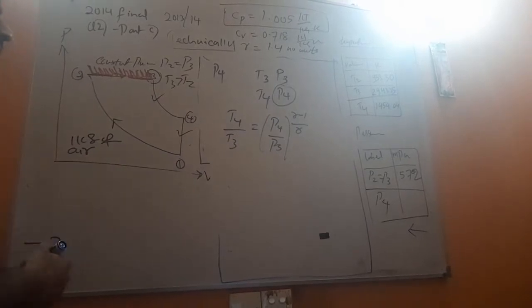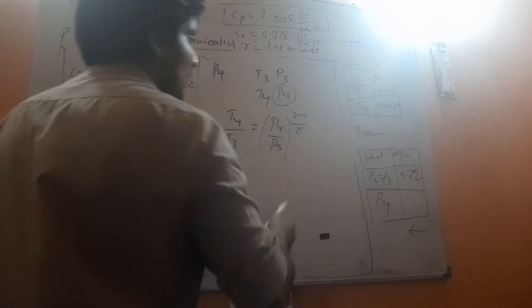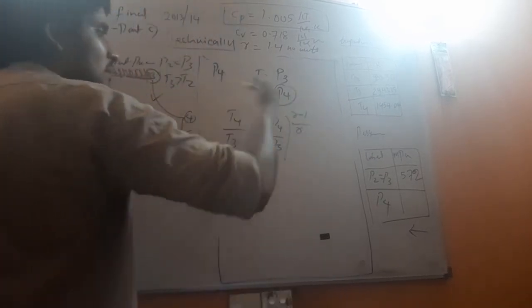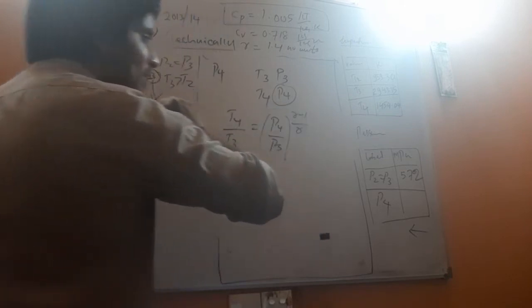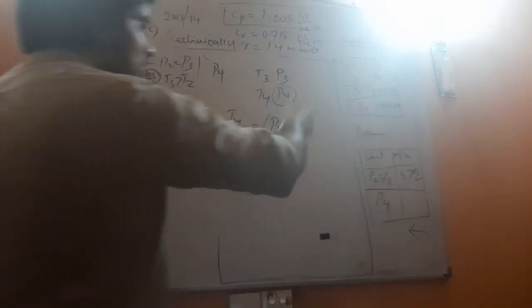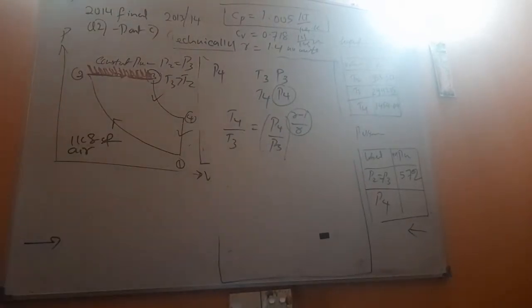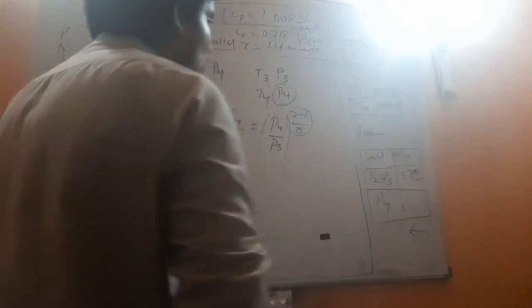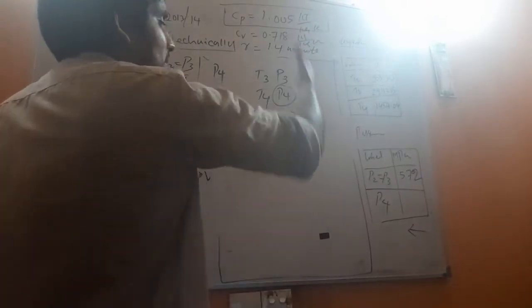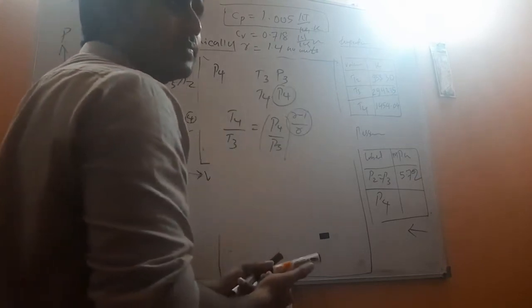The thing is, you need to avoid this power gamma minus 1 over gamma. What can you do to avoid that? You can take the reciprocal power of this on both sides.